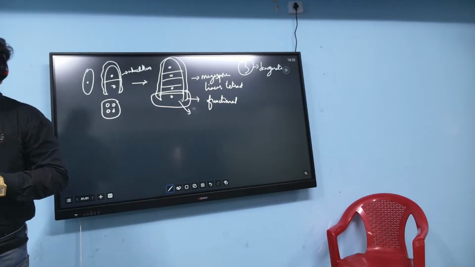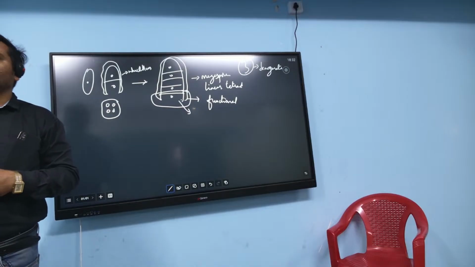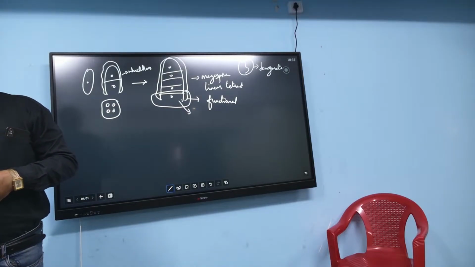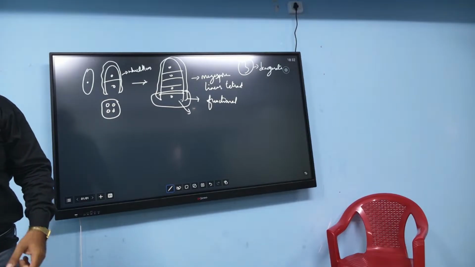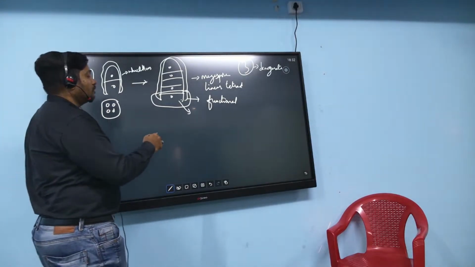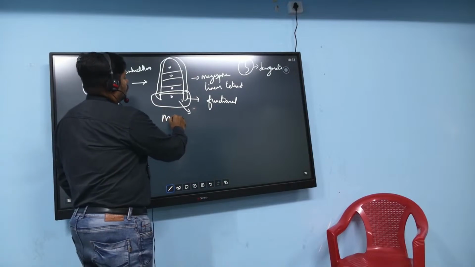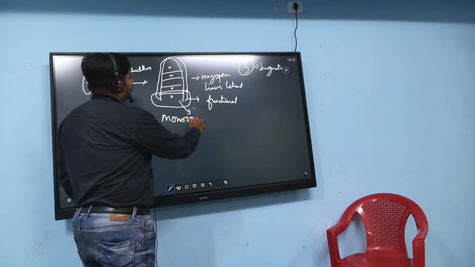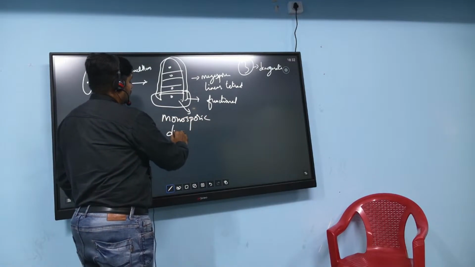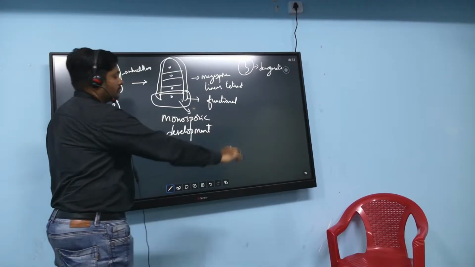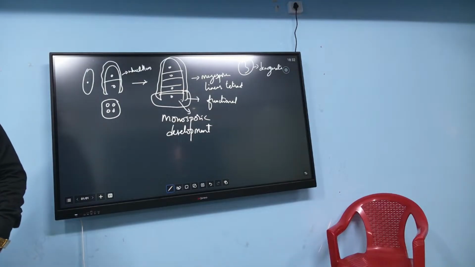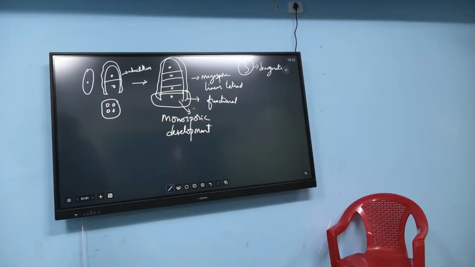Now that one functional megaspore will get converted into the embryo sac. It matures and converts into the embryo sac. Now what is that process called? Monosporic development. Meiosis happens, one becomes four. But why is the process called mono?